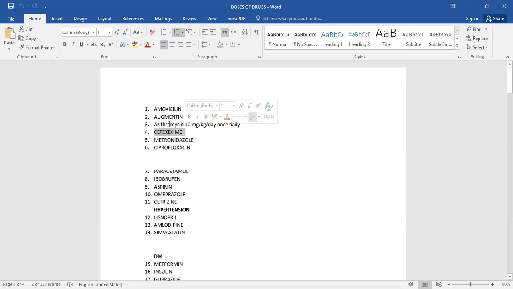And azithromycin, how frequently do you give it? Once daily or twice daily? Once daily. Great. Cefixime, once daily or twice daily? Twice daily. Yes, twice. Only once. Usually once daily.